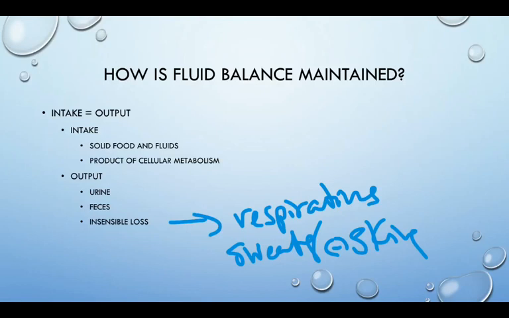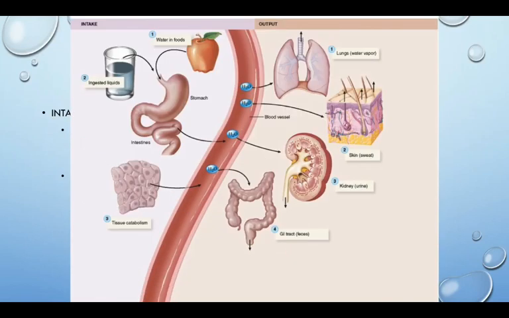We just have fluid constantly evaporating. So we actually lose quite a bit of fluid through respirations just from breathing in and out, because when we breathe out, think about if you breathe out on a cold window, it fogs it up, right? You have fluid in it. Okay, so this is just a graphic of how we take fluid in and out. Over here is in, over here is out. Okay, that's how we do it.